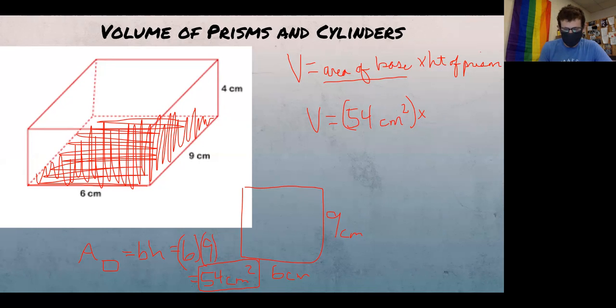Because we're calling the bottom of this down here the base, we want to find the dimension that is perpendicular to it. So this 9 times 6 is 54 square centimeters sitting flat on the ground. So this 4 is perpendicular to that length. So now I can multiply the 54 times the height of the prism. In this case it will be 4 centimeters.